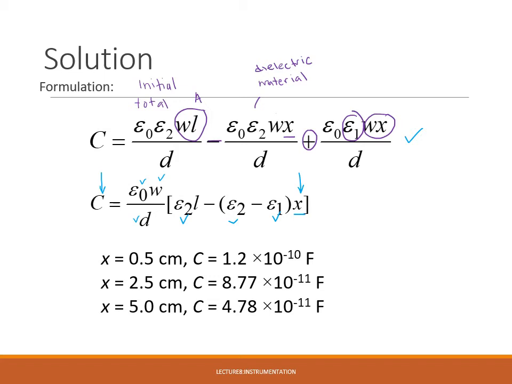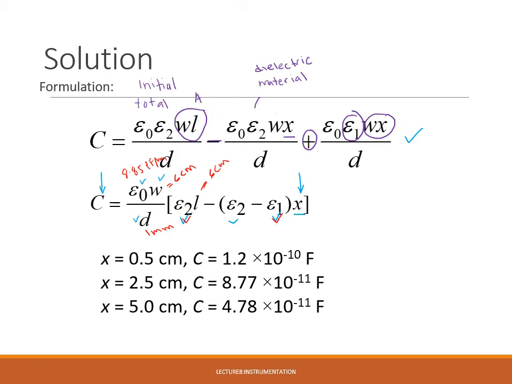If you replace x with 0.5 into this equation, all the values are given. This is 8.85 picofarad per meter. The width is 6 cm. The distance is 1 mm. Epsilon naught is given. Epsilon 2 is given. Length is also equal to 6 cm. Epsilon 1 is given.